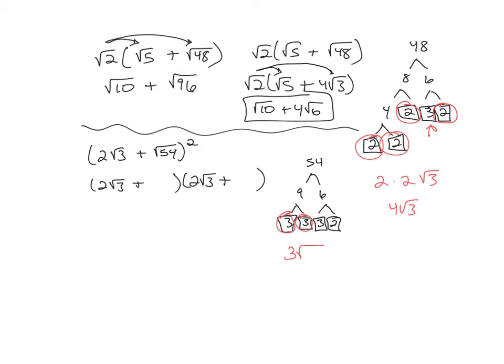I have a 3 and a 2 left over, so I multiply them underneath. Okay, so over here I go 3 square root of 6 and 3 square root of 6.